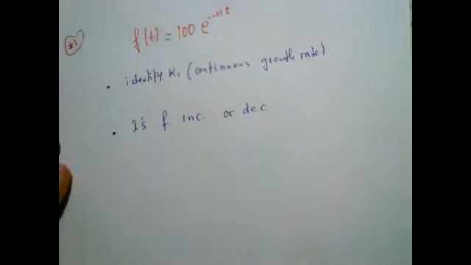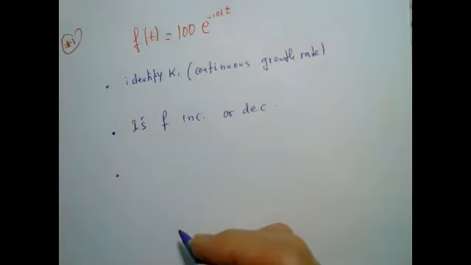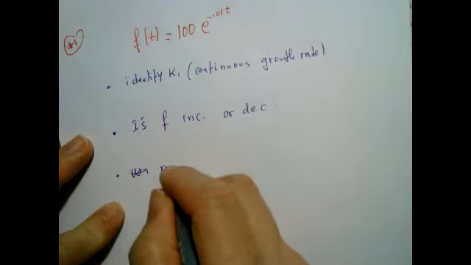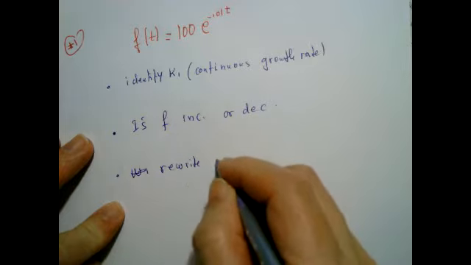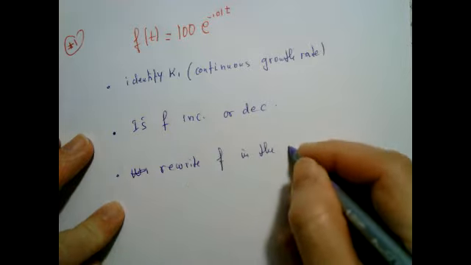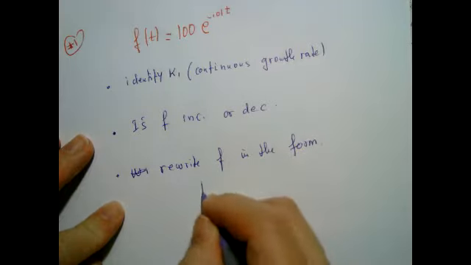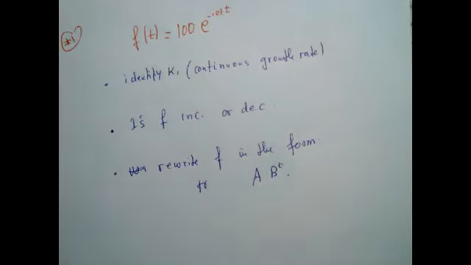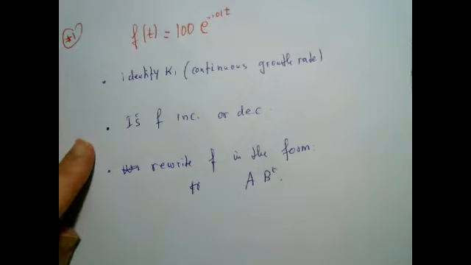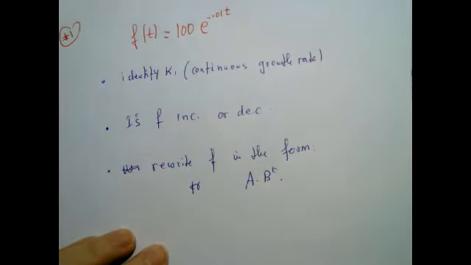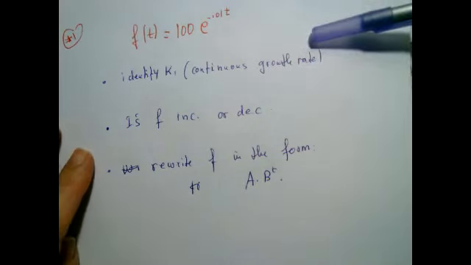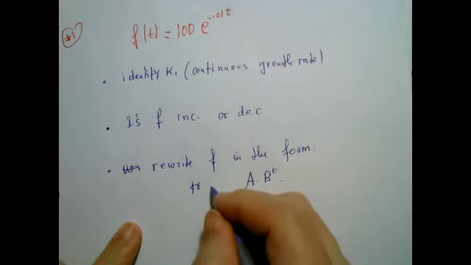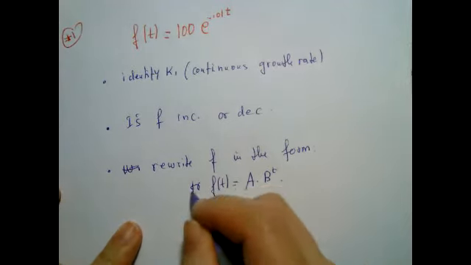Question number 3: rewrite f in the form a times b to the t. You have 2 minutes to do everything, and then I get back with you. What's k, the continuous growth rate? Is f increasing or decreasing? Then rewrite in the form f of t equals a times b to the t.